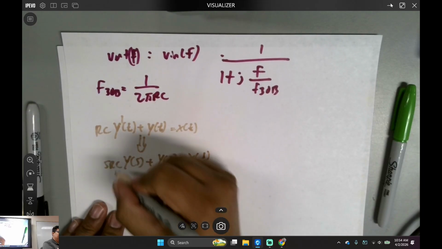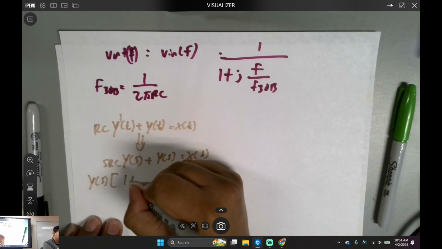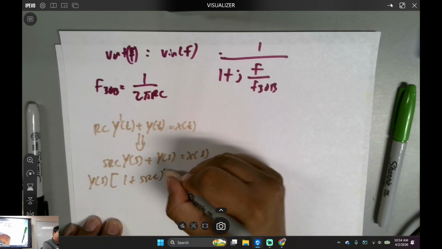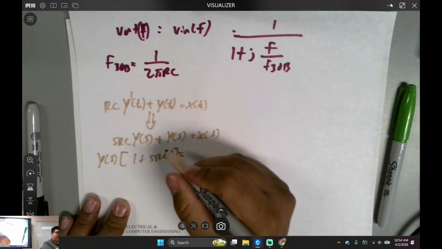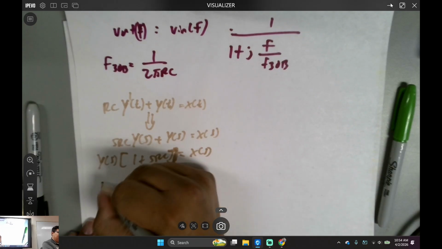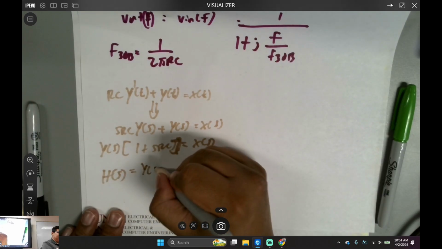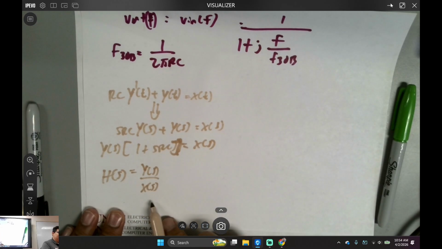Cool? Next step right there. Transfer function. Remember that? Easy stuff? What's the answer?